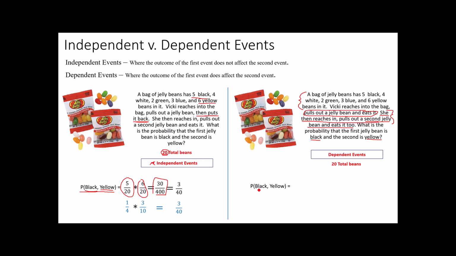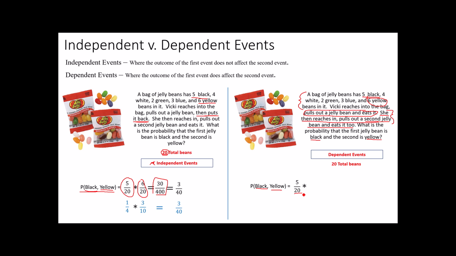The probability of drawing a black jelly bean is still 5 out of 20. There are 5 black beans, there are 20 beans altogether. The probability of drawing a yellow: well, there are still 6 yellow jelly beans in the bag, but there are no longer 20 beans in the bag because we just ate one.